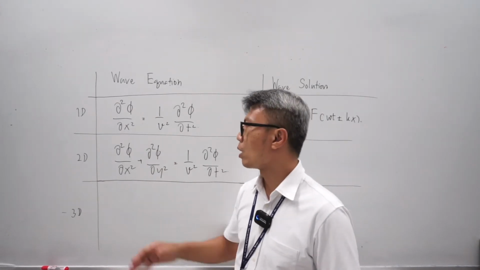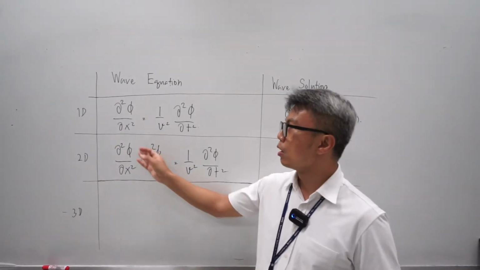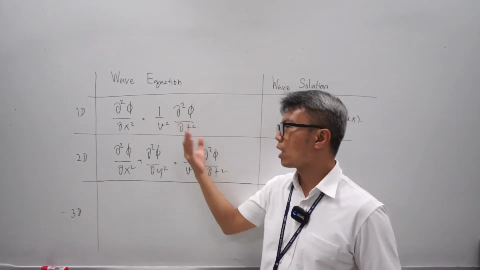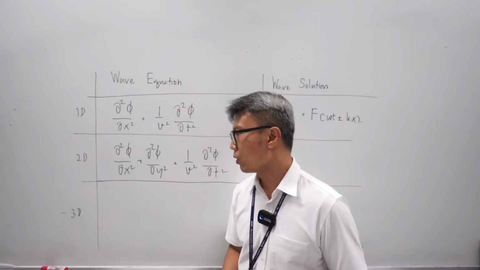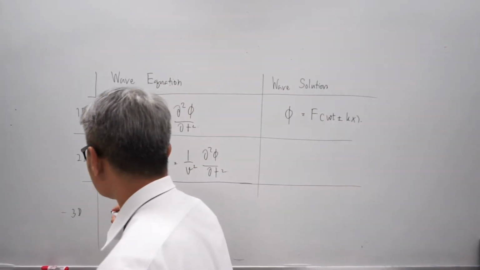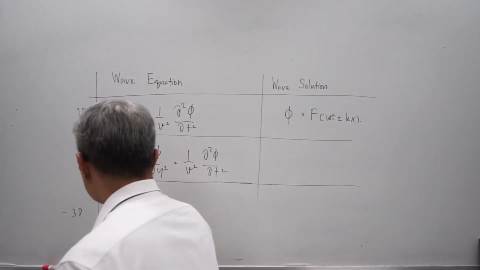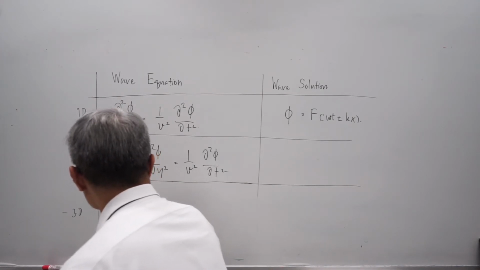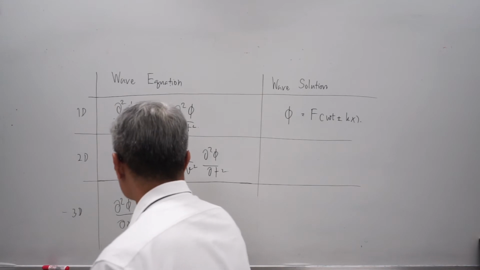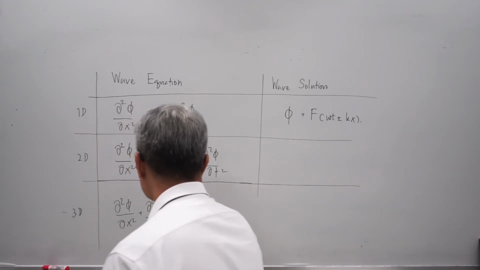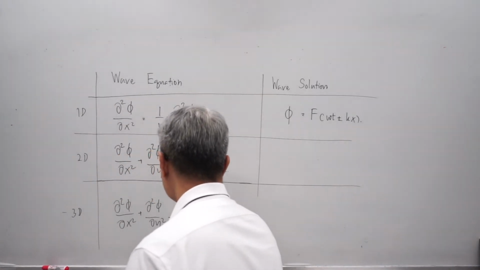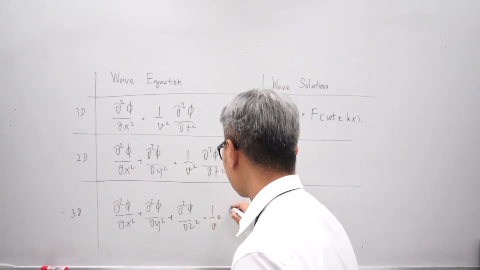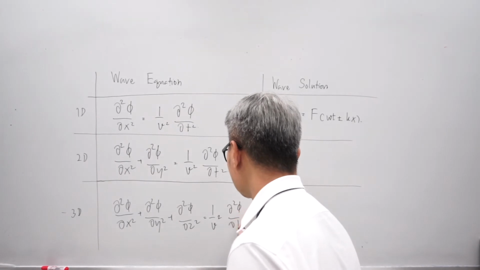If you need one more axis to describe the motion of the wave, you just add this term, but the right hand side stays the same. And also for 3 dimensions, the 3-dimensional wave equation can be written as follows, equal to 1 over v squared d squared phi by dt squared.